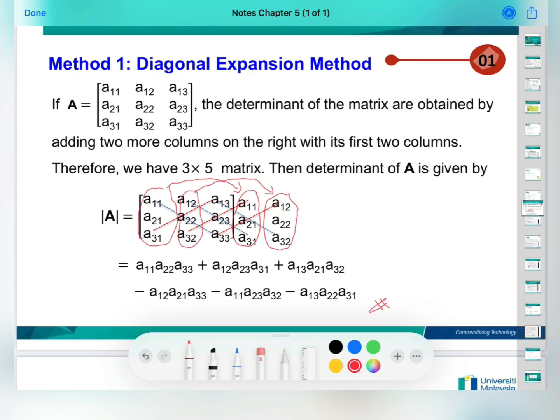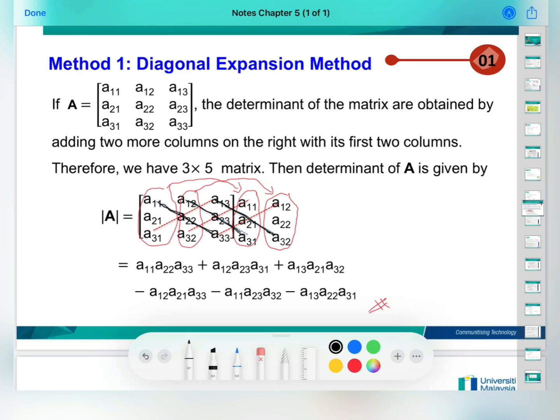If you see here, the black line is the one that you have to add. You multiply all these terms first and then you add all these 3.